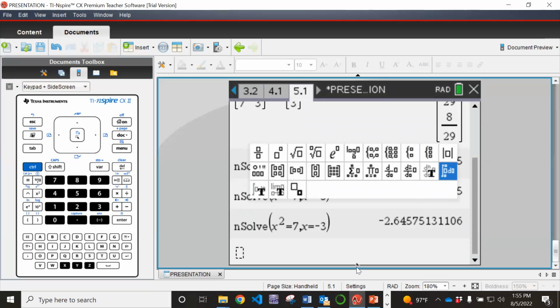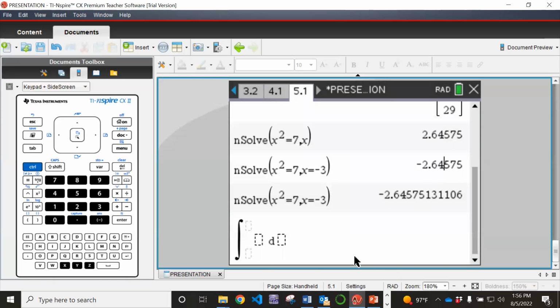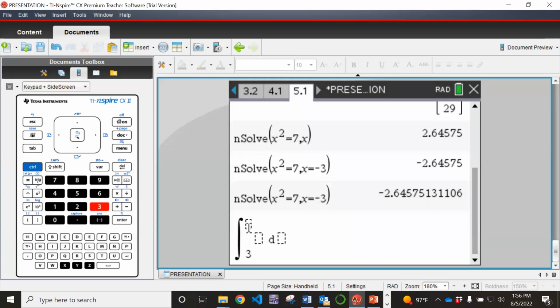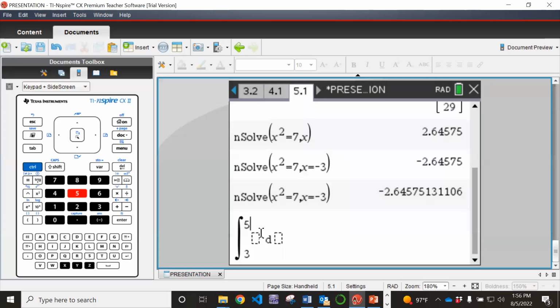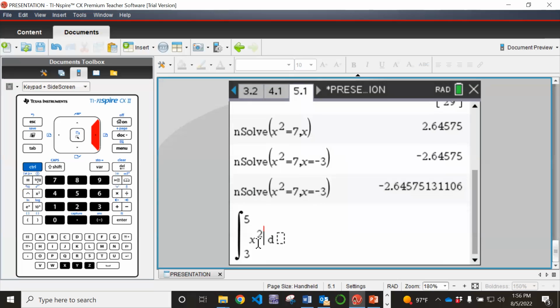If you're looking for it in the book, it's in int for numerical integral. So I tell it to do this integral. And the nice thing in this format is it lays it out exactly like I would like for it to be. So I'm going to go from 3 to 5 of my function, and then make sure we put in our variable of integration, and then we hit enter.